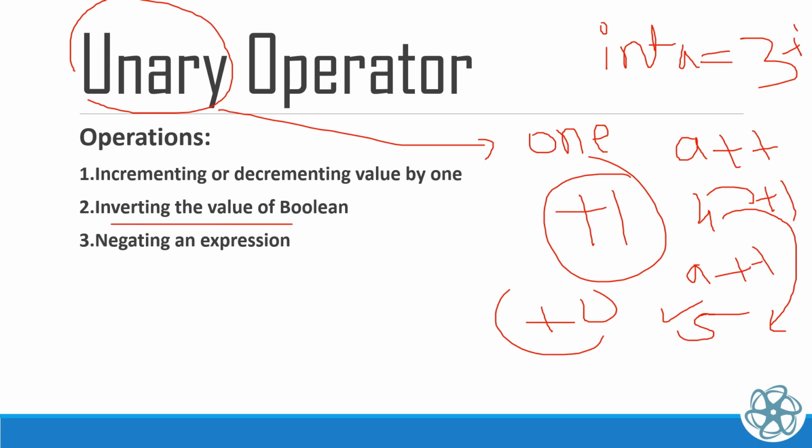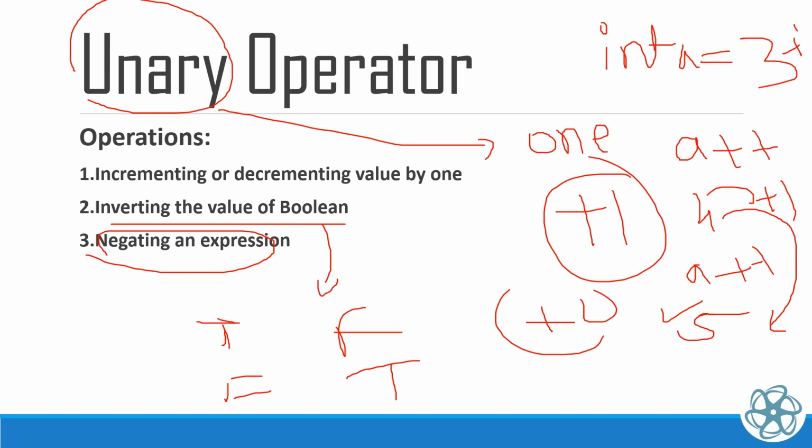Then inverting the value of the boolean. What do you mean by this? Boolean means true or false. I can invert its value from true to false, then from false to true. Then negating an expression means if I have some positive value, like plus 10, and I want to negate it, the value will be minus 11.